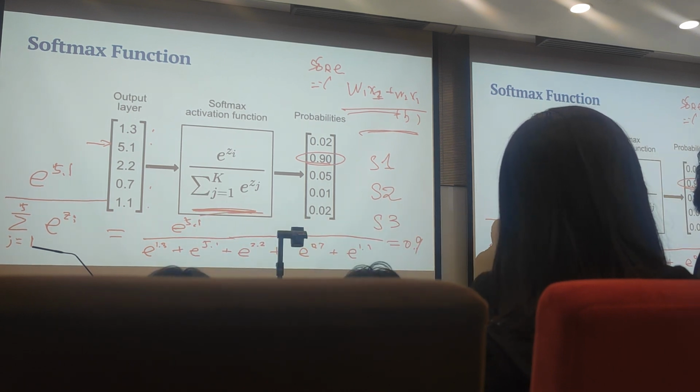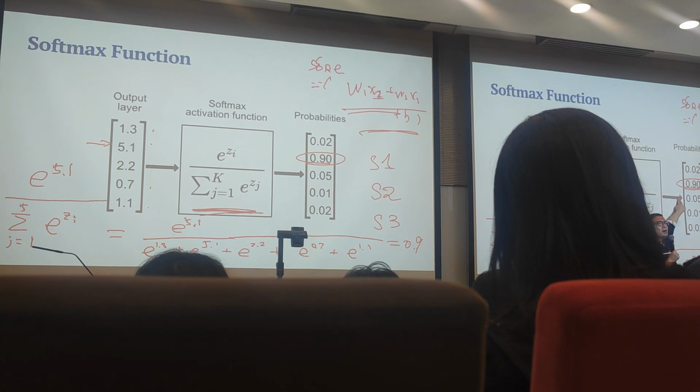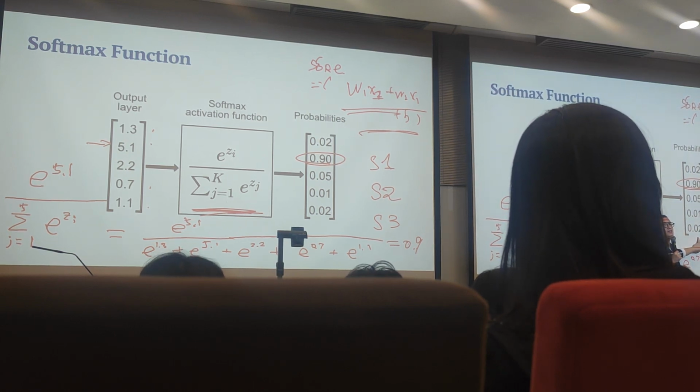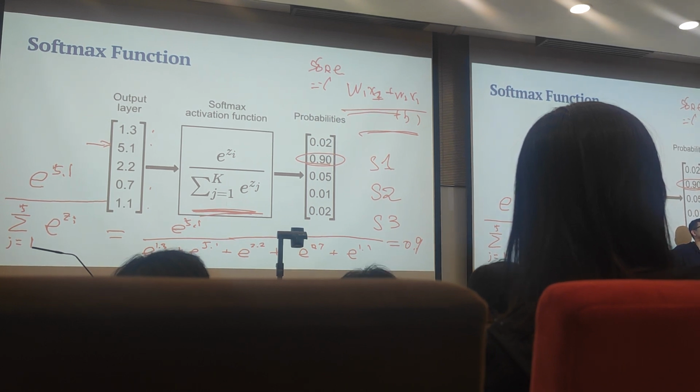This is the softmax function. Why do people love this? First of all, it normalizes things into probabilities that sum up to what? Everyone can see that, right? And second, the larger the score is, the more probability it takes, right?